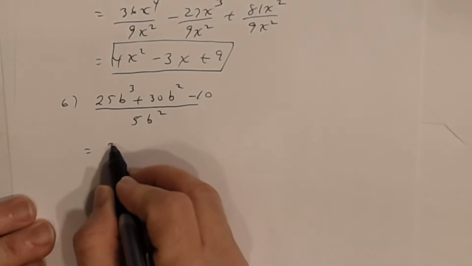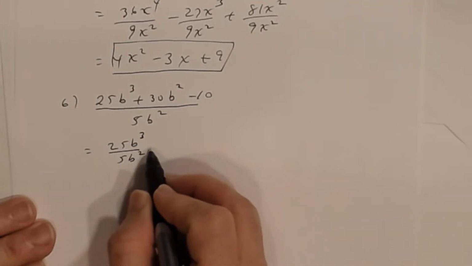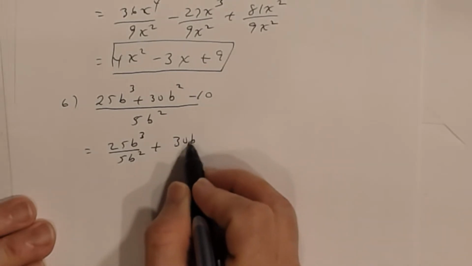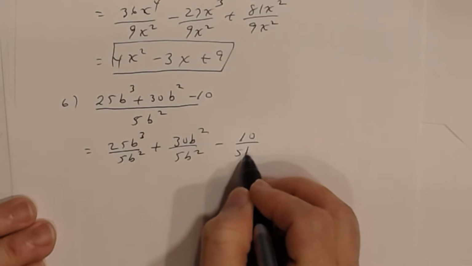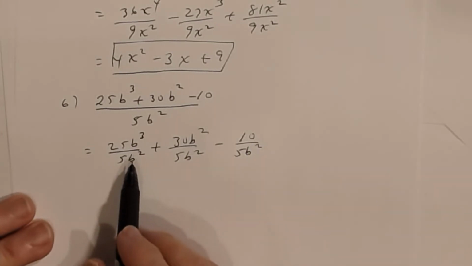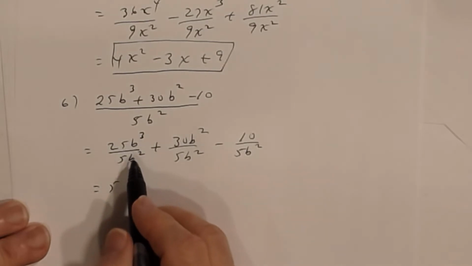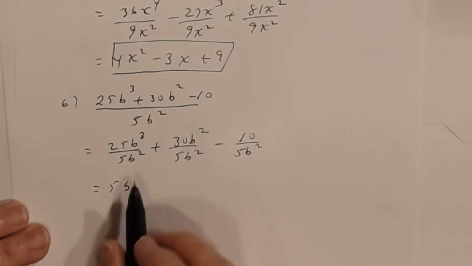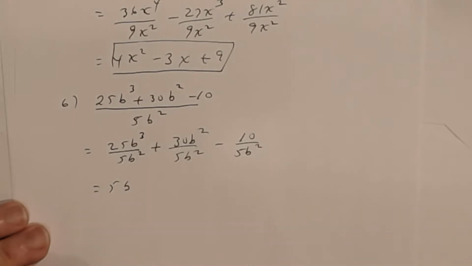So I can write this as each term divided by the denominator, just like this. 30b squared divided by 5b squared minus 10 divided by 5b squared. And then we simplify. 25 divided by 5 is 5, so that's easy. B cubed divided by b squared is b, so that's easy. So this first rational expression I can simplify to 5b.